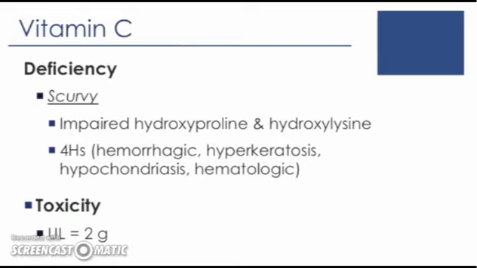This leads to scurvy, which has symptoms of bleeding gums and bruising, impaired wound healing, as well as these 4 H's, which stand for hemorrhagic, hyperkeratosis, hypochondriasis, and hematologic effects. Lastly, we see the UL, the tolerable upper intake level for vitamin C, is 2 grams or 2,000 milligrams per day.